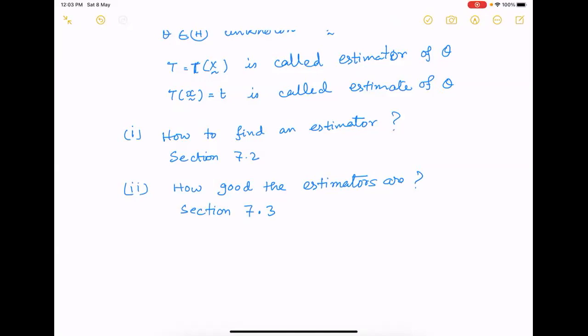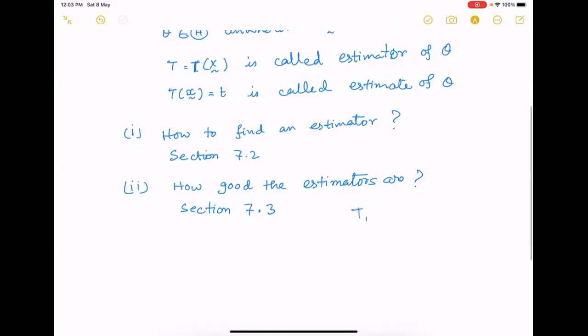In section 7.2, we will figure out how to find an estimator. Now, there are 2-3 different ways to find an estimator, and you can come up with two different estimators. If you have estimator T1 and T2, which one is good? Which estimator would you like to use?